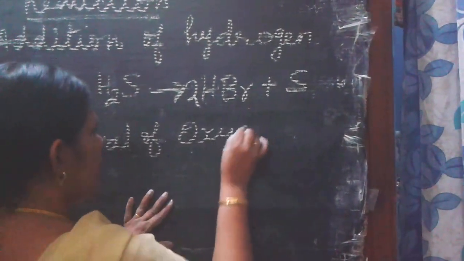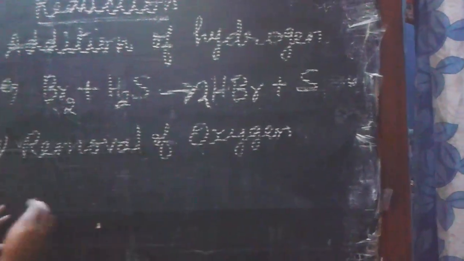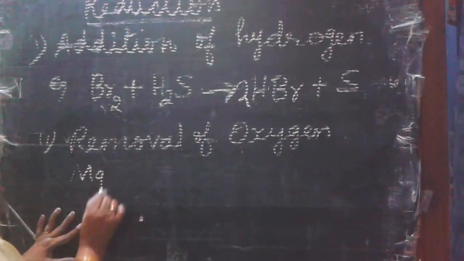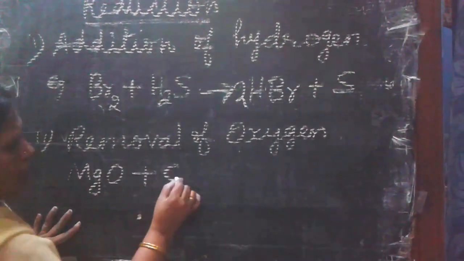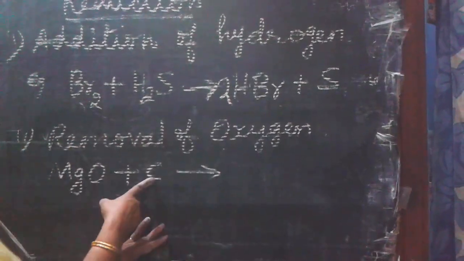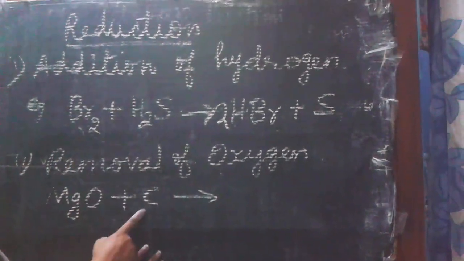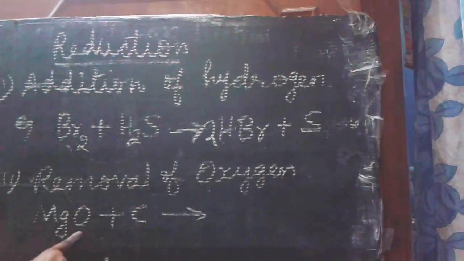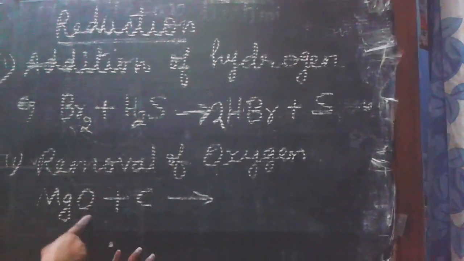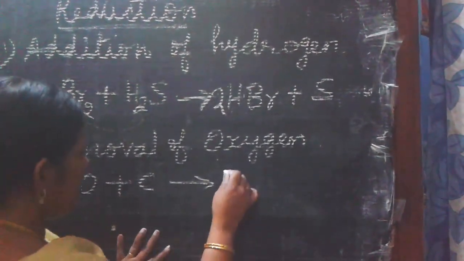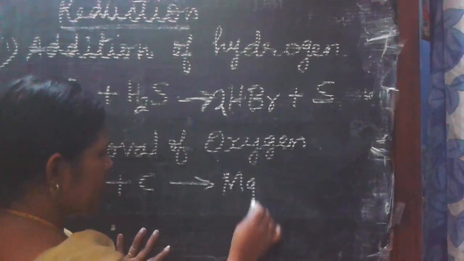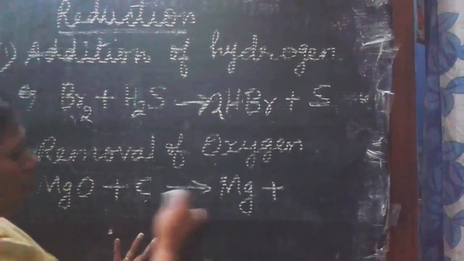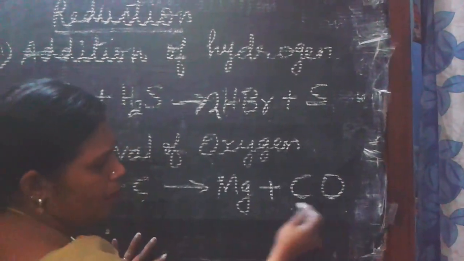Now the second one is removal of oxygen. In this way, magnesium oxide plus carbon. Here carbon acts as a reducing agent. So it removes the oxygen from magnesium oxide, that means magnesium becomes separate and this oxygen goes here and forms carbon monoxide.